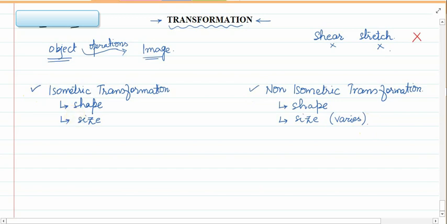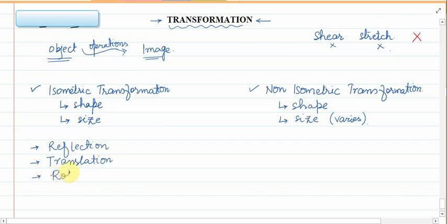So we are going to discuss some of the major or basic types of isometric transformation. In isometric transformation, we have three types of transformation. One is reflection, one is translation, and the last one is rotation.